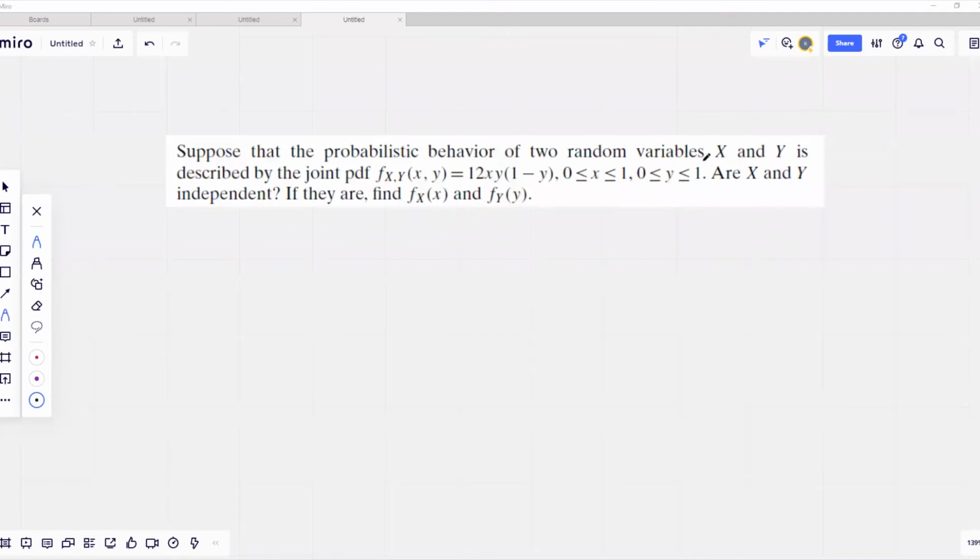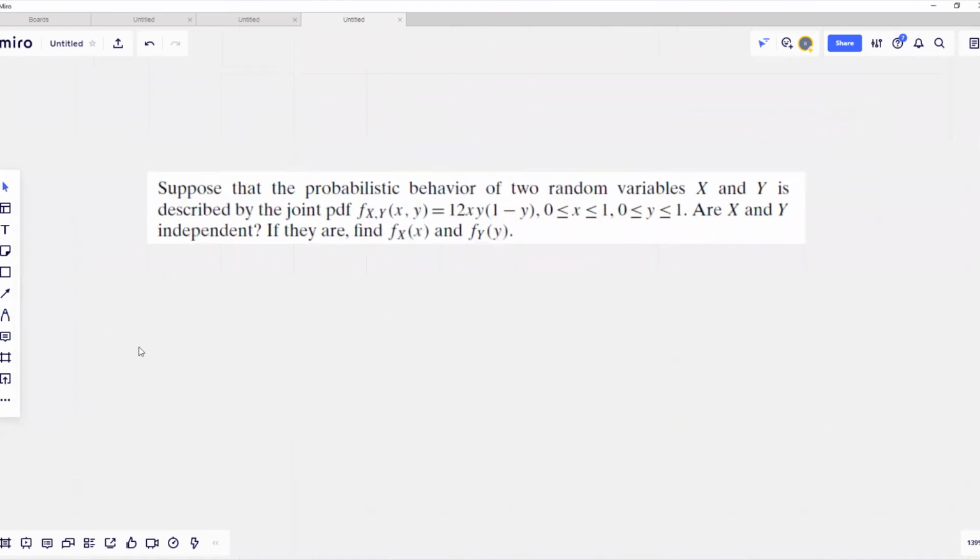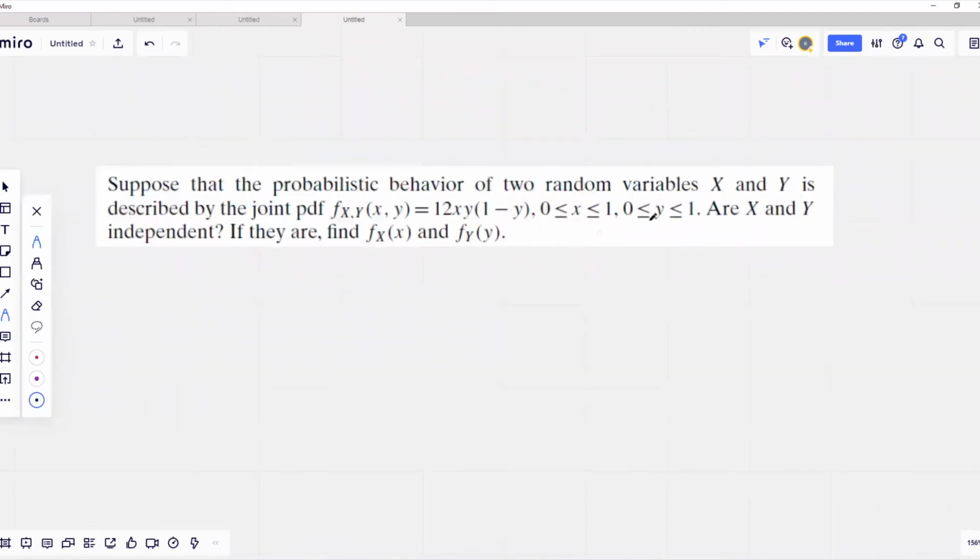Now let's take a look at the following problem. Suppose that we have two random variables X and Y. Their joint PDF is given as follows. Are X and Y independent? And if they are, let's find their marginals. So first, let's check our condition for the region where their joint PDF is non-zero. We can see that it is a square from 0 to 1, so we are fine with that.